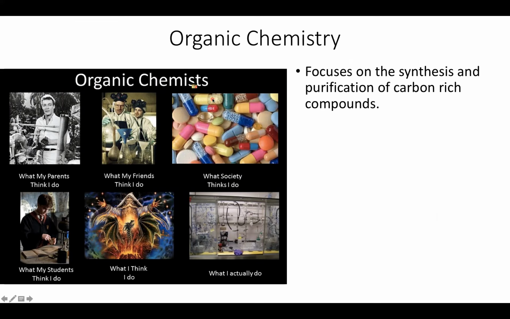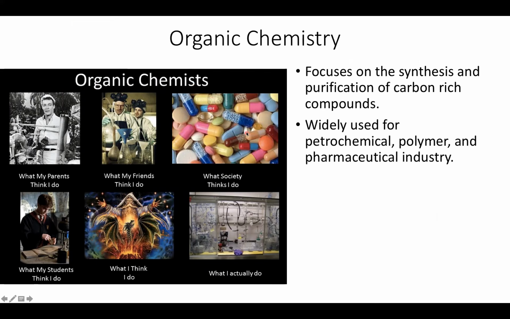This is very commonly used in a lot of chemical industries, including petrochemical, which is just taking long carbon chains and turning them into things I can actually sell. Polymer chemistry, which is often taking those petrochemicals, but occasionally agrochemicals, and turning them into plastics or other useful polymers. But we also have the classic pharmaceutical industry. These are often the big money earners in terms of chemistry, and so get a lot of the attention.